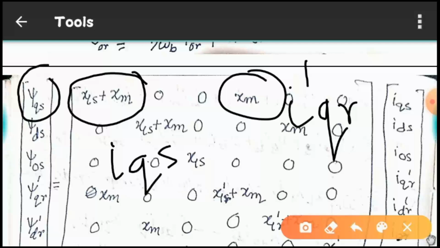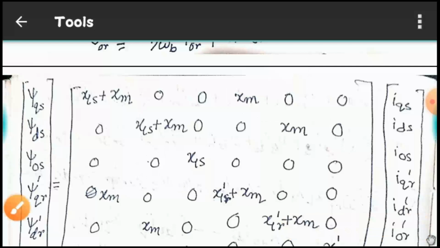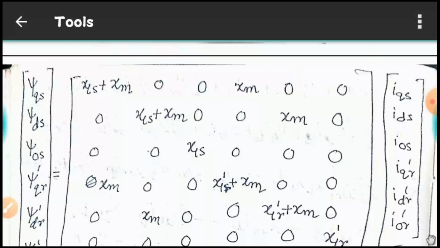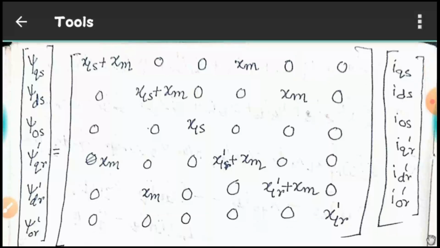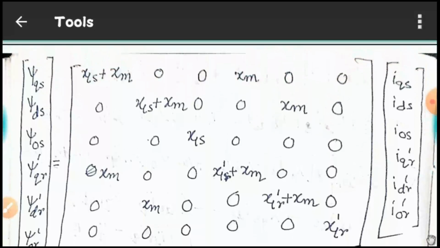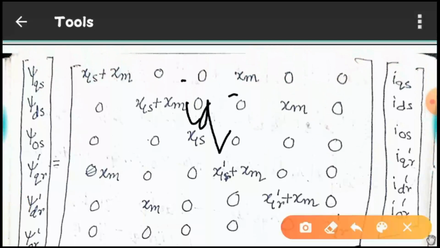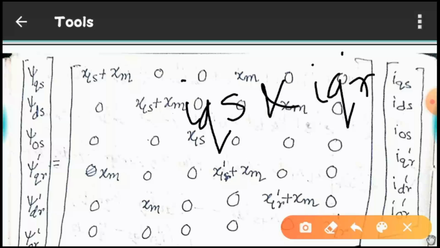Right? This one. So this I_E, one thing is easily understandable: the two currents, I_QS and I_QR dash, if you compare, both are flowing through this one.